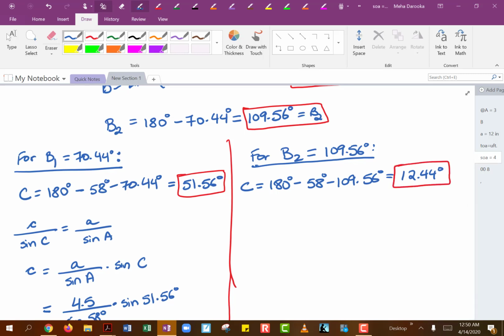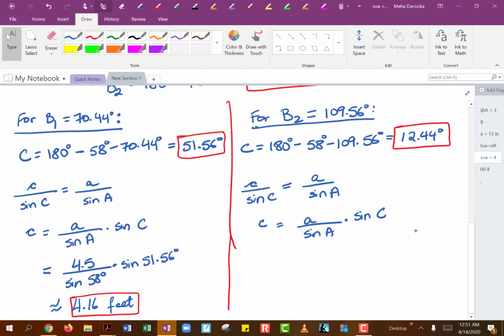Now for side C, again, this time we have side C as A over sine of A times sine of C. A again is 4.5, sine of 58 degrees, but now we are multiplying with sine of 12.44 degrees.